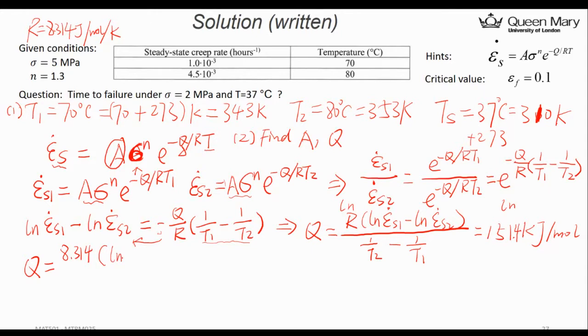So let's substitute the strain rate, which is 1 times 10 to minus 3, and that is per hour, minus ln 4.5 times 10 to minus 3.